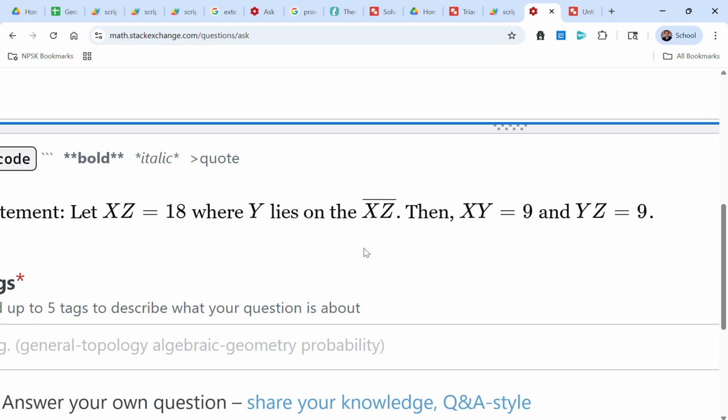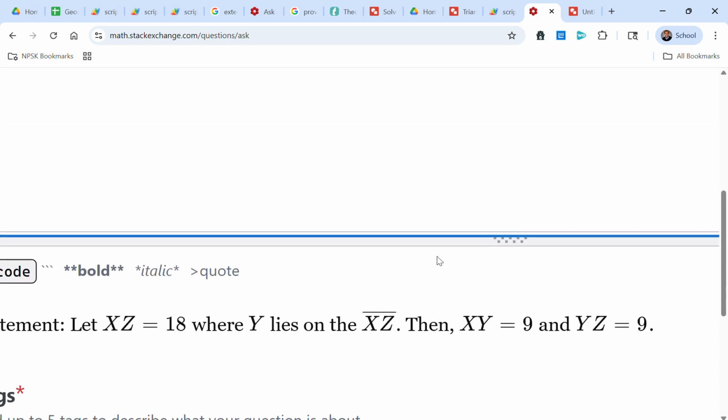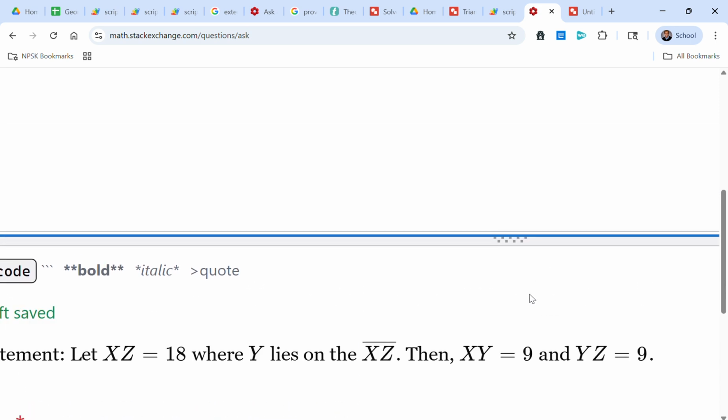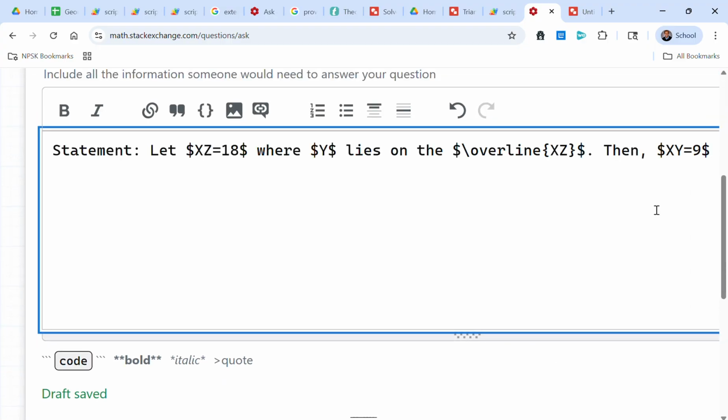So let's say we know that 9 and 9 work for this situation, but let's say I wanted to come up with a counterexample.